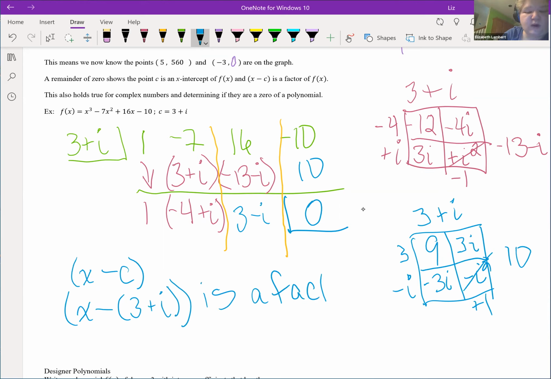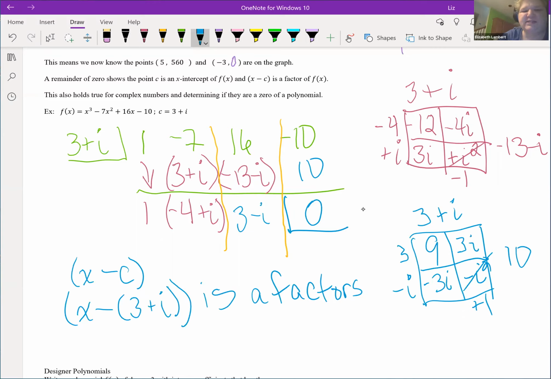Now, we normally don't write factors with complex numbers. So if I made the other guy I saw over here, its conjugate, that's why this worked out to just a number. In order to get back to the original function, if 3 plus i is a zero, or sometimes we call it a root, then 3 minus i is also a root in order to get back to this lovely polynomial with no i's in the original.